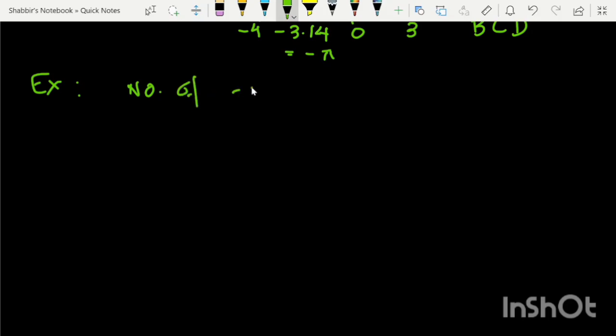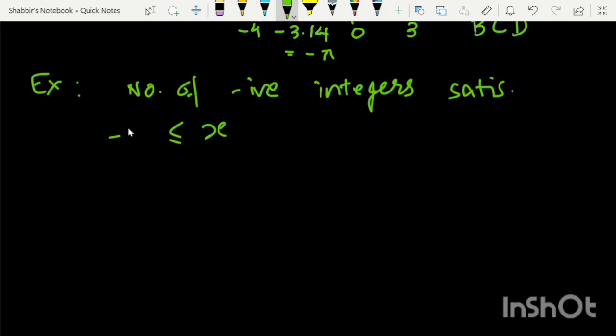Number of negative integers satisfying x from minus 17 by 3 to half. Now the hint is what?